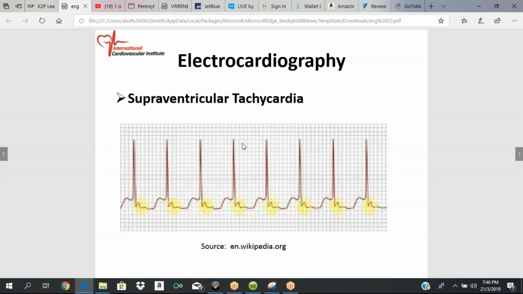So it's a very rapid heart rate, and the beat is above the bundle of His, and the P wave is usually in the QRS or just outside of the QRS. Okay, so it is relatively easy to diagnose.